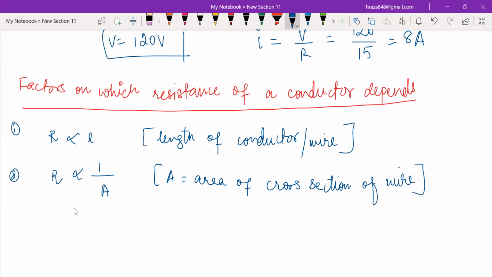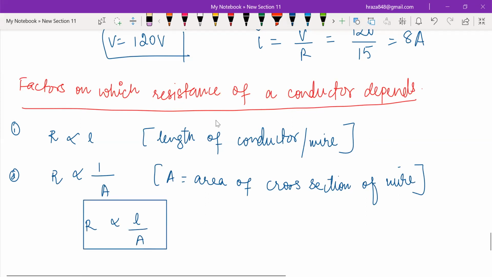Now we are going to combine both, so L upon A. Resistance is directly proportional to length and inversely proportional to area.